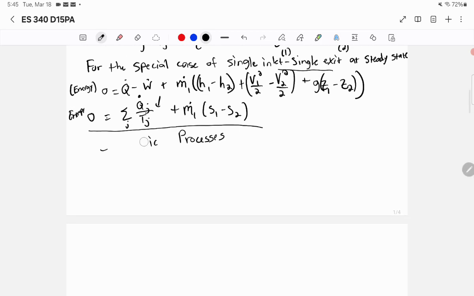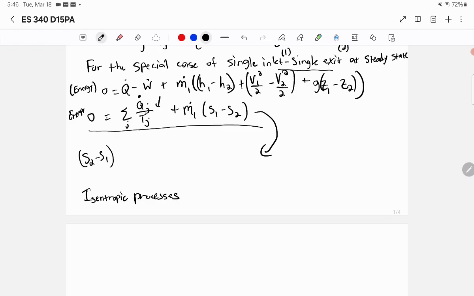Let me just move this down a little bit. So at steady state then, what does this become? Well, we can rewrite this in terms of S1 minus S2, or probably easier if we just write it in terms of S2 minus S1.